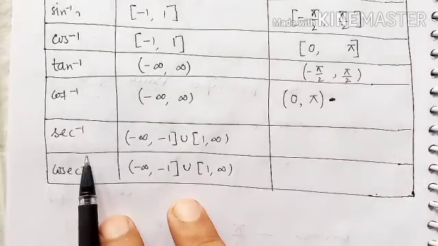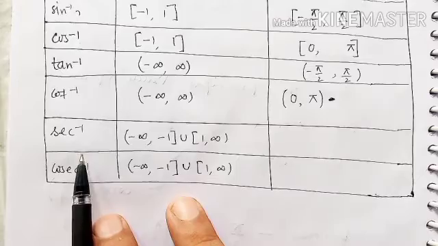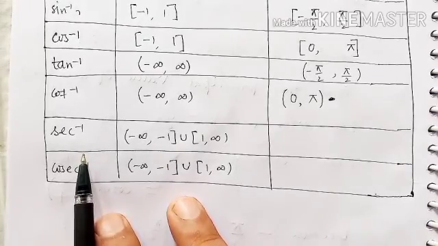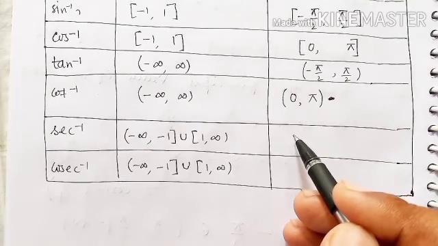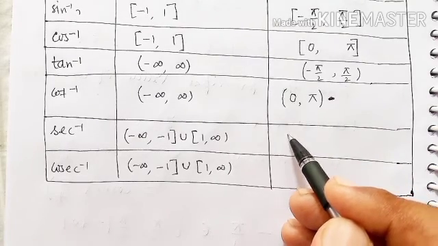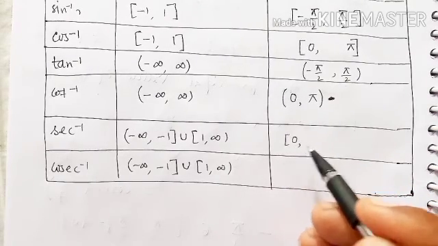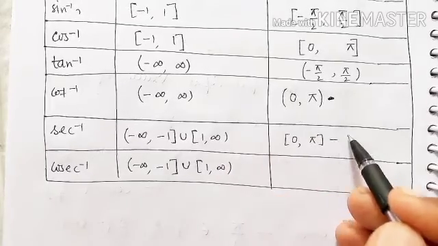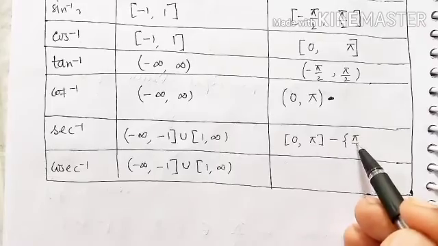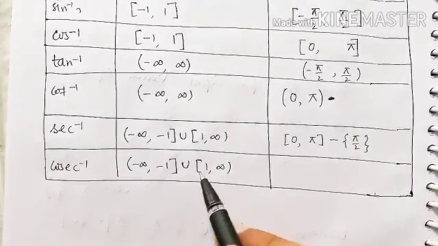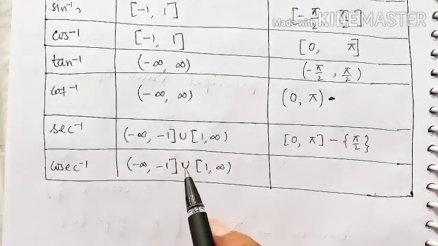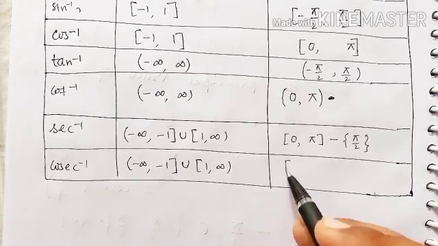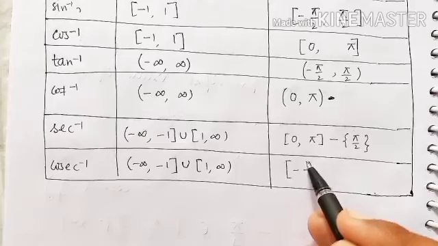Here we have to think of x for which sec x becomes 1 and minus 1. Here also there is infinity, so we have to remove pi by 2 from this interval. Here you have to think of x for which cosec x becomes minus 1 and 1.